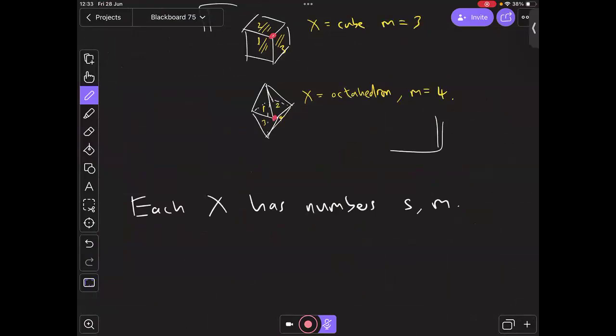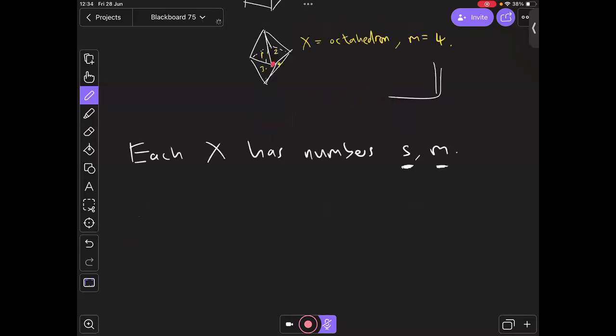S is the number of edges around a face, and M is the number of faces that meet at a vertex. So here's what we can say. Suppose I take the number of faces, F. So that's all of the faces. And each face has this number S edges around it.